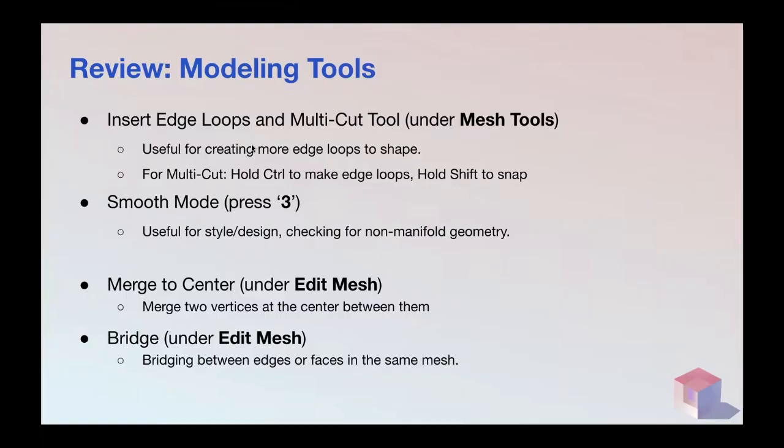Second, smooth mode, press 3, we just talked about it. Useful for checking non-manifold geometry. And merge, merge to center, or bridge. It's under edit mesh, which you can use to connect between edges or faces.